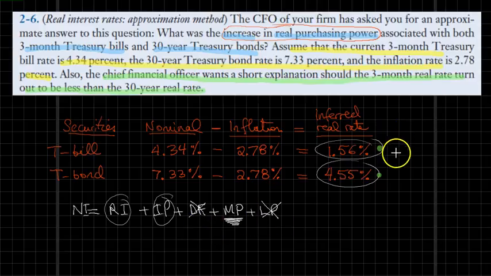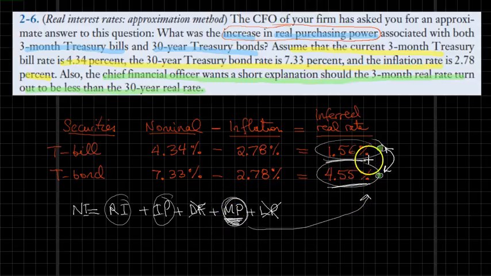So, going back to the question of the Chief Financial Officer, the reason we have two different answers here is due to the maturity premium. It is the maturity premium which can explain these different approximate values for real purchasing power. So that would complete our solution. Hope you enjoyed the video.